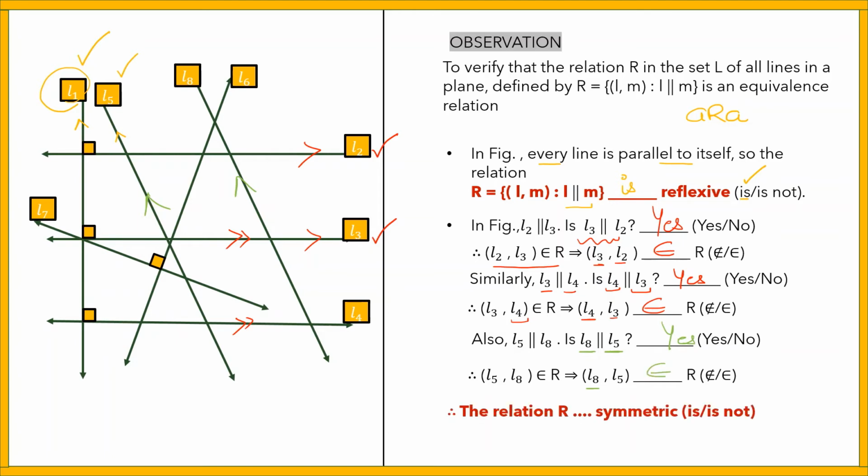So, if A is related with B, it implies B is related with A in each of these cases. So, we can say the relation R is a symmetric relation. So it is a reflexive as well as symmetric relation.